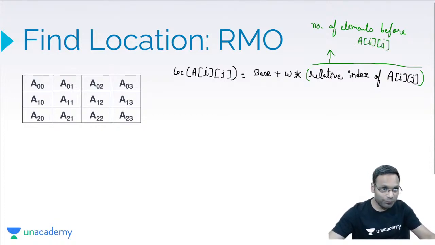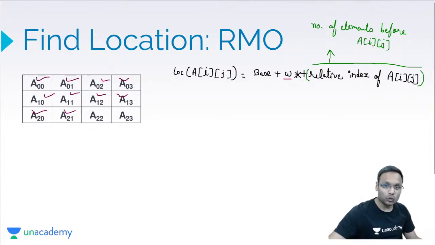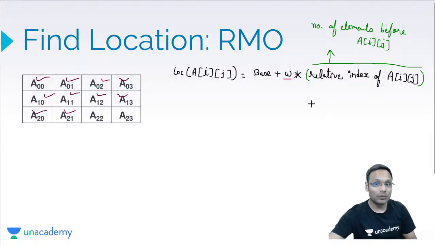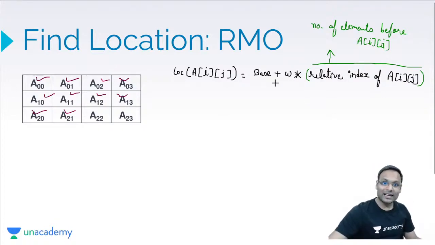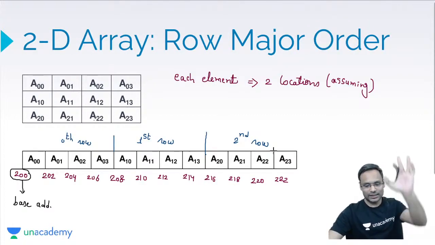Look at this. If you are storing row wise, 1 2 3 4 5 6 7 8 9 and 10 elements are there before A of 22. If 10 elements are there, each element taking 2 locations, W is 2 locations. Each element takes how much? 2 locations. 10 into 2 plus base address 200, 220 is the address.